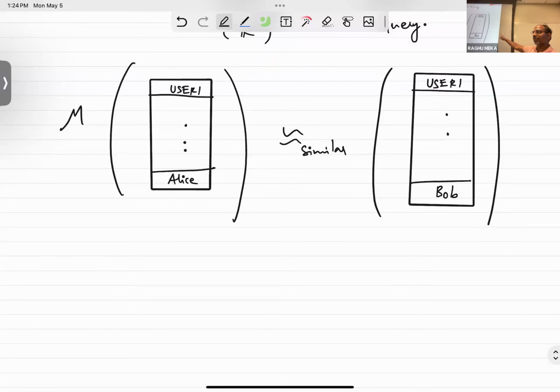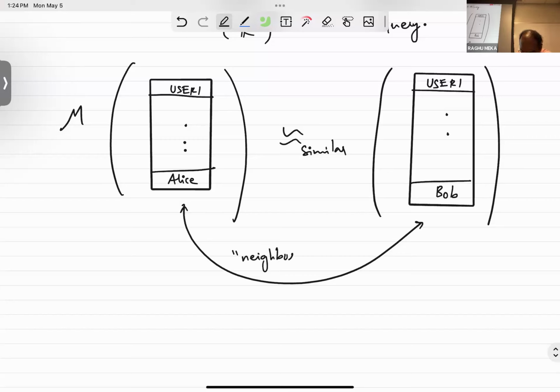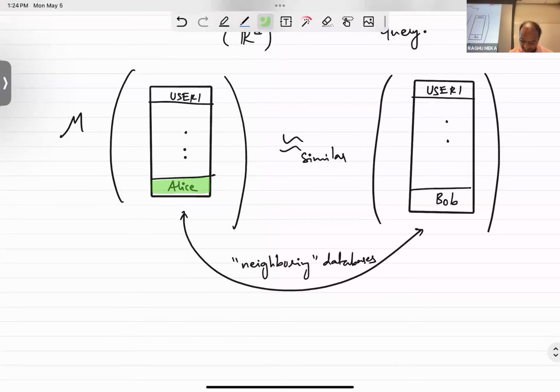Only one record has changed. We will call such databases neighboring databases: all records are the same except for one. And the property that we want is that the outputs in both cases look similar. They should be statistically indistinguishable.